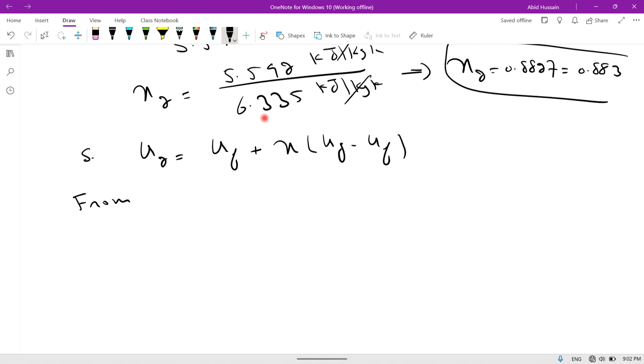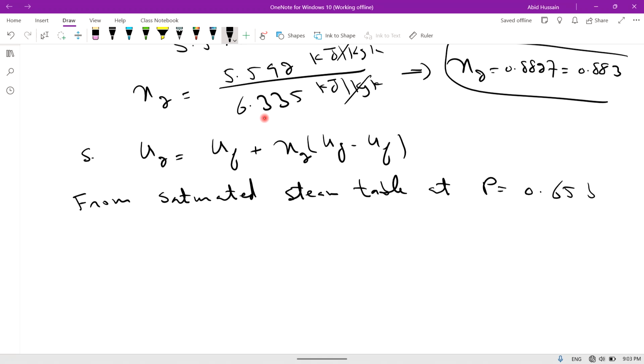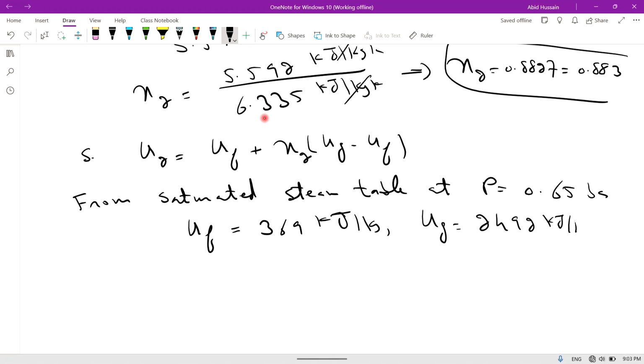From the saturated steam table, at pressure equal to 0.65 bar, UF is equal to 369 kilojoule per kilogram, and UG is equal to 2492 kilojoule per kilogram.